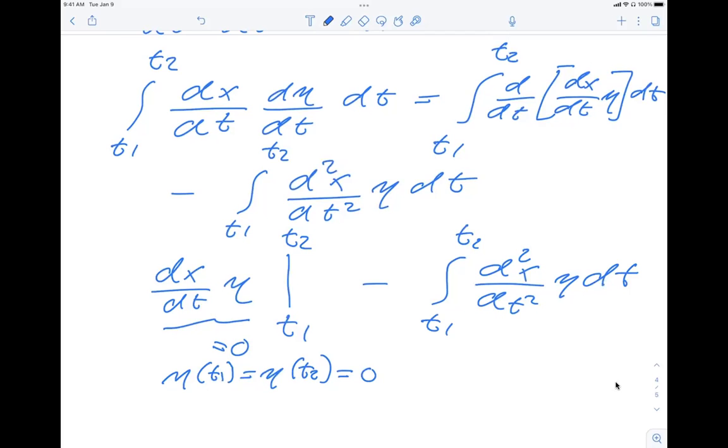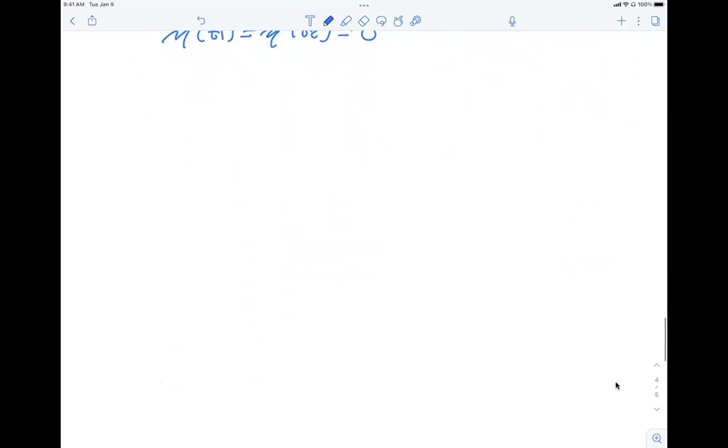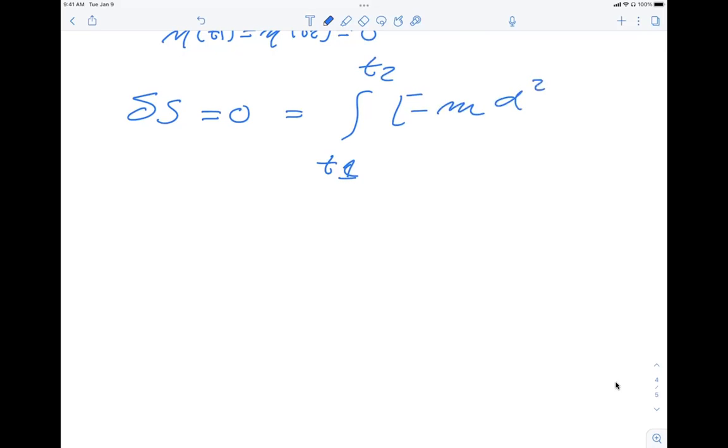So when we now plug in things, we have the following integral. We want this delta S to be equal to 0. And that's the same as requiring that the integral from t1 to t2 of this, given by minus m, we got rid of the factor of 2, times the acceleration here. When we see the expression which we have here, this actually looks like our force, but with a negative sign. It's multiplied with this η.